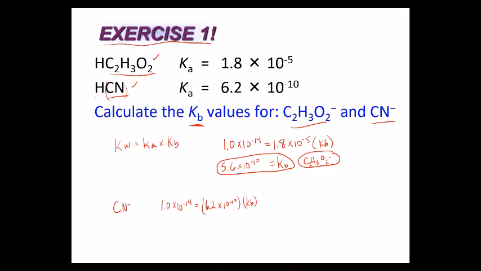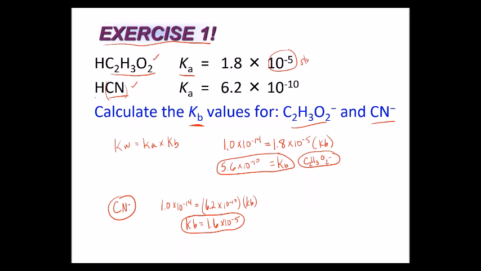And what we will see here, 10 to the minus 14 divided by 6.2 times 10 to the minus 10. This one ends up being a Kb equals 1.6 times 10 to the minus 5. Now looking at these different values for the cyanide and for the acetate, what you should notice is the Ka for the acetate is 10 to the minus 5.